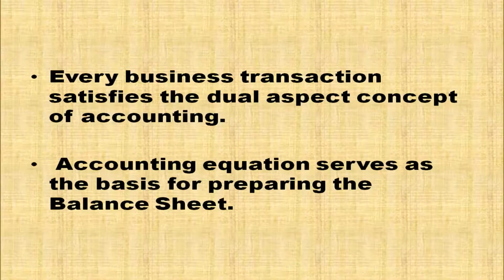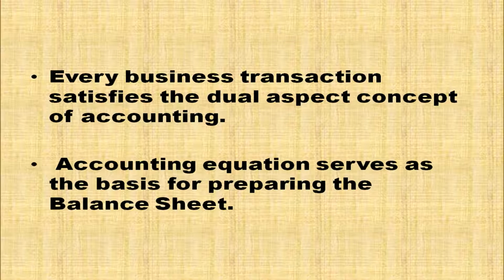Every business transaction satisfies the dual aspect concept of accounting. You have studied the dual aspect concept earlier. That is, every transaction is affecting two aspects. And the accounting equation serves as the basis for preparing the balance sheet.